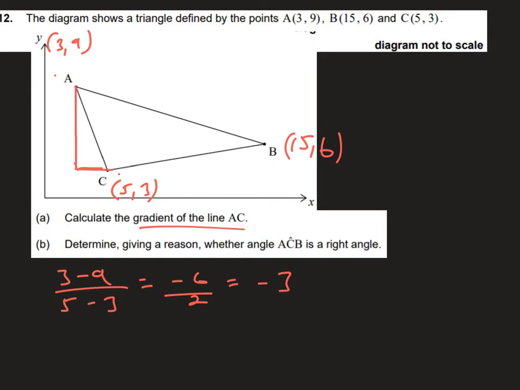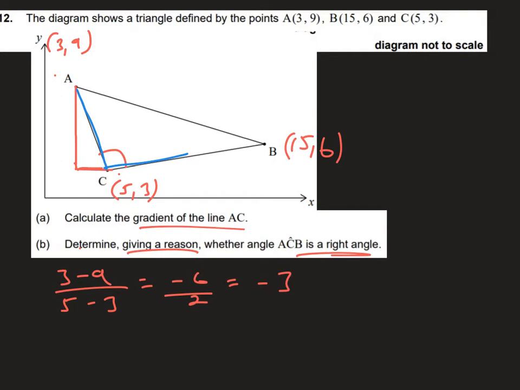In part B, it says determine, giving a reason, whether angle ACB is a right angle. So the key thing to recognize here is that if these two lines are perpendicular, then the gradient will be the negative reciprocal.